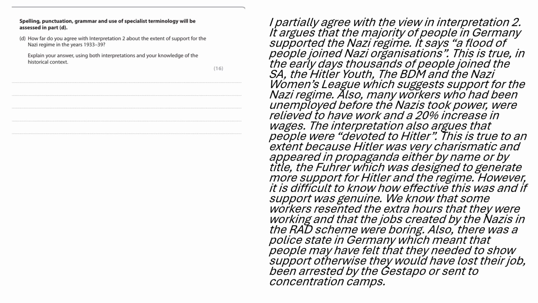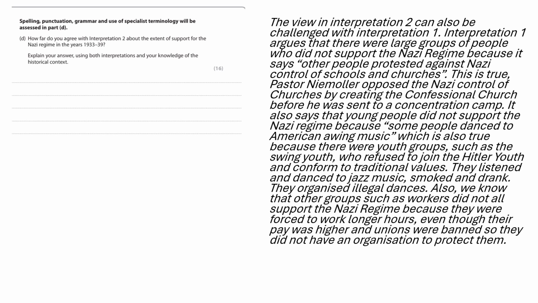But you will notice that the question says, explain your answer using both interpretations and your knowledge. So we're now going to write a paragraph using interpretation 1. The second part of your answer is going to start with, "The view in interpretation 2 can also be challenged with interpretation 1."